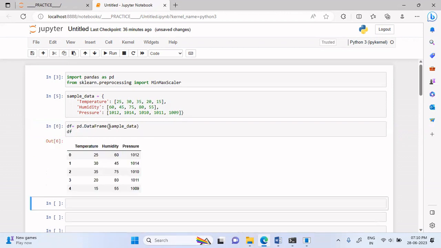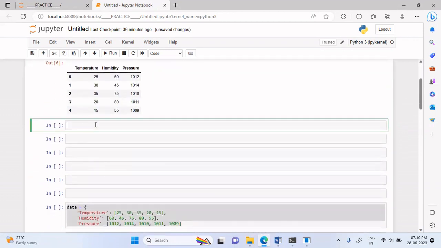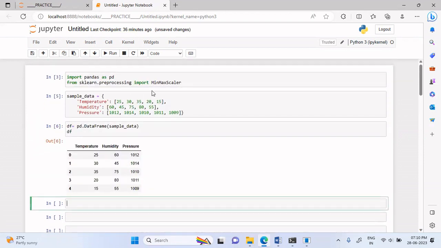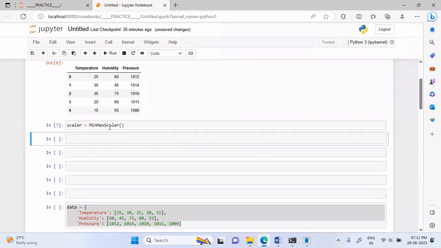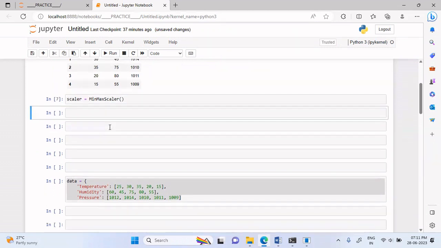Let's print this. By running this chunk of code, we created this sample data in the form of a data frame. So let's create an instance of the MinMaxScaler class from the scikit-learn preprocessing module. scaler is equal to MinMaxScaler. Okay, the instance is created.